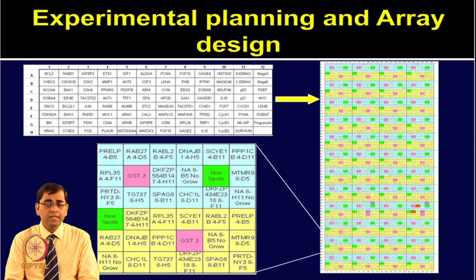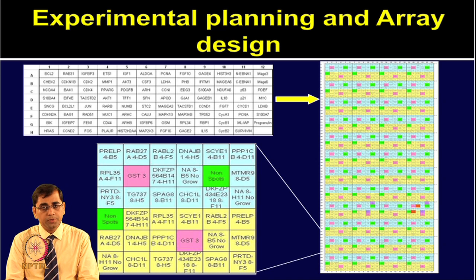It has the BCL2 gene. Then H12 has been left blank, G12 has a defined gene. Similarly, all the wells have a defined gene. On the right hand side, I have shown you the array map, which shows a very high density map of how different types of features can be printed on the chip. All these things have to be designed prior to the experiment.